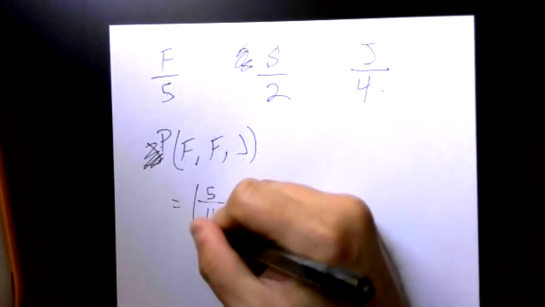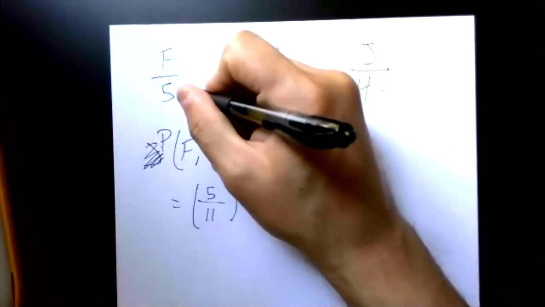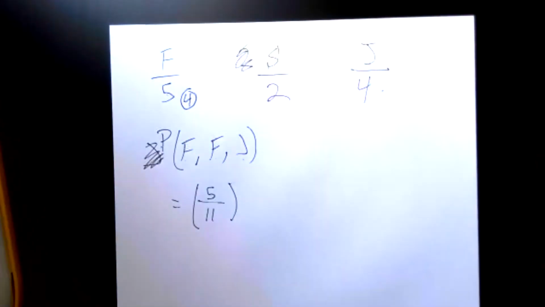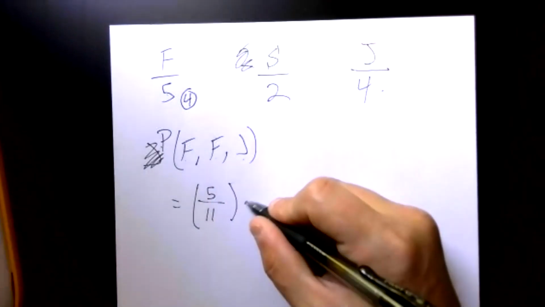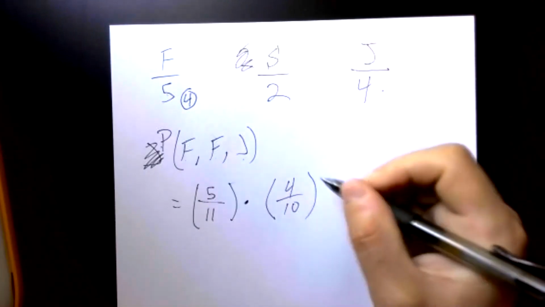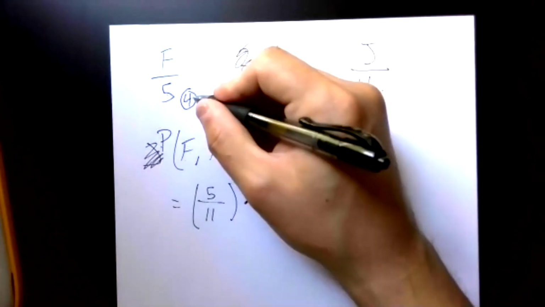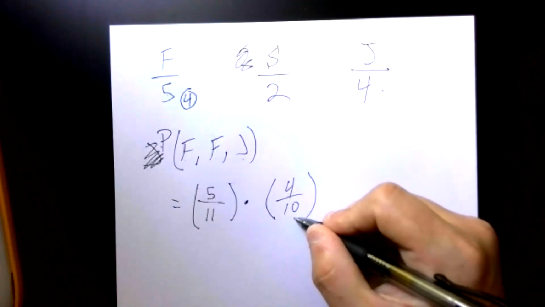Now, once I choose that freshman, he or she goes off to the side and is no longer here. So really there's 4 freshmen. So the probability that I get a second freshman is 4 out of 10, because there are now 4 freshmen and the total number of students has also gone down to 10.